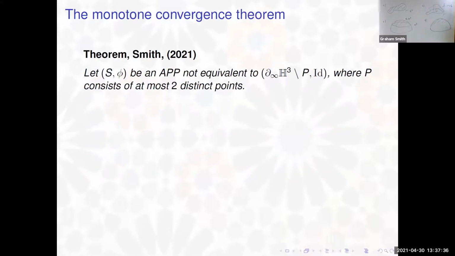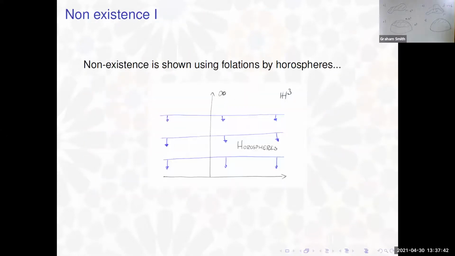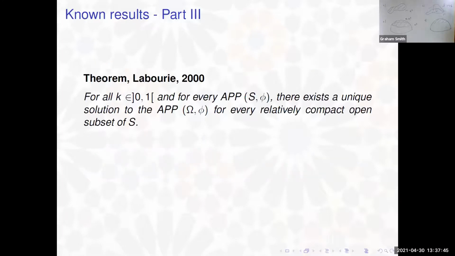So, how is it that one proves this theorem? Well, remember what I said about the results that Francois already has, especially this one here. That if I have a sub-Plateau problem, which is given by a relatively compact open subset of my surface, S, then I know that there is a solution.